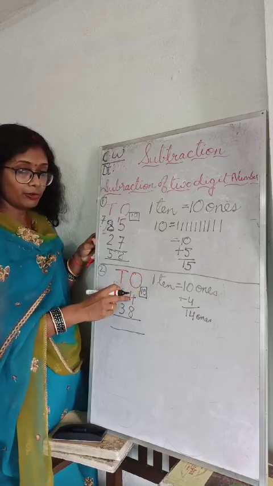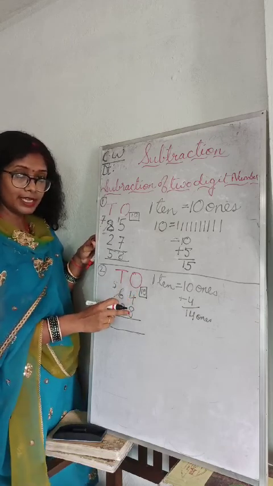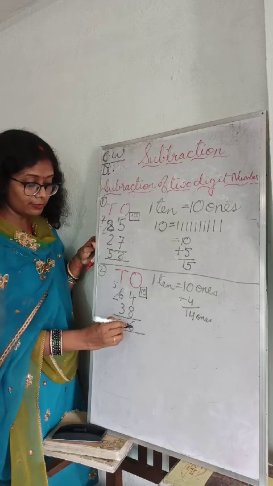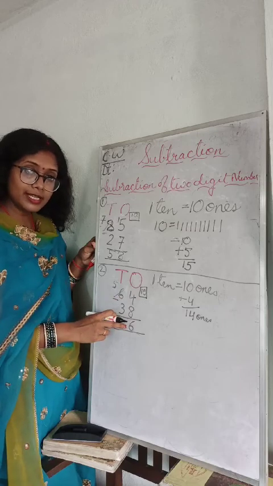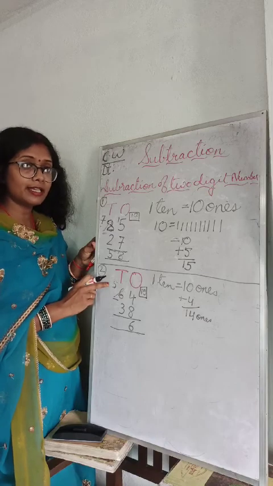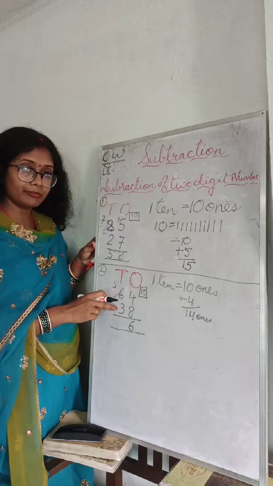So 10 plus 4 is how much? 10 plus 4 is 14. 14 minus 8 is 6. So from 14 ones we have subtracted 8 ones and we have got 6 ones. What is left now? 5 tens is left now, and we are going to subtract 3 from 5 tens.